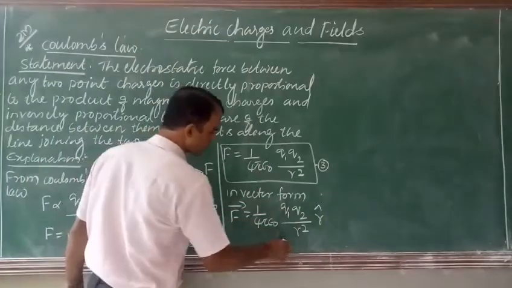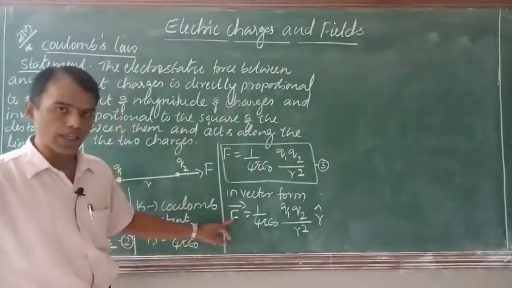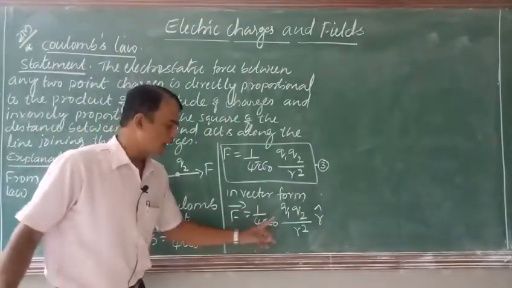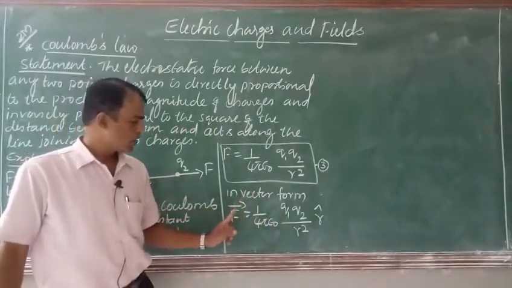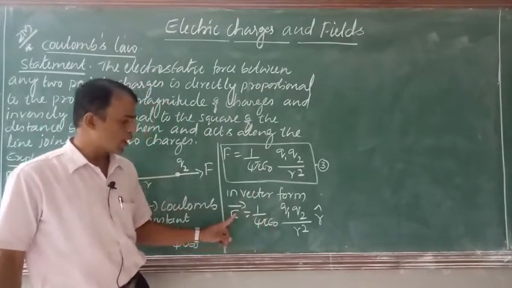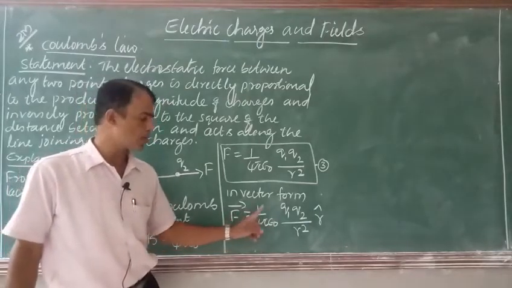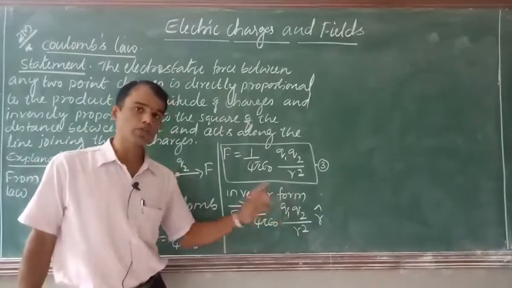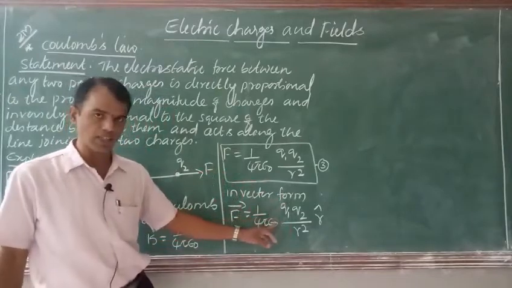This is the mathematical form of Coulomb's law in vector form. Suppose they ask to write Coulomb's law in vector form and explain the terms; you should write this equation, and after writing it, explain at least two terms of this equation.